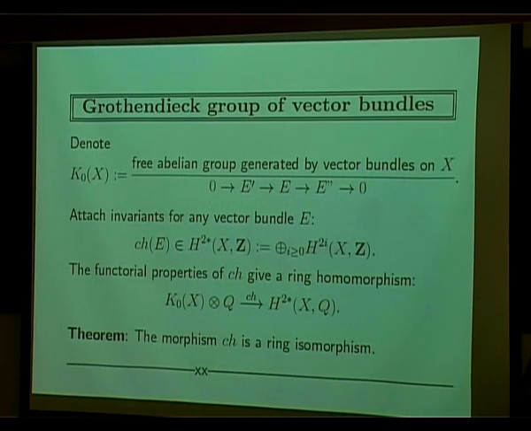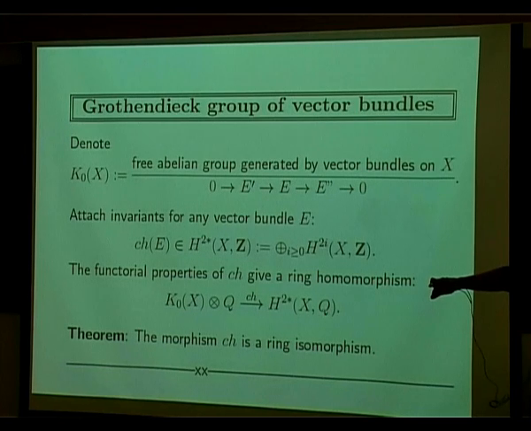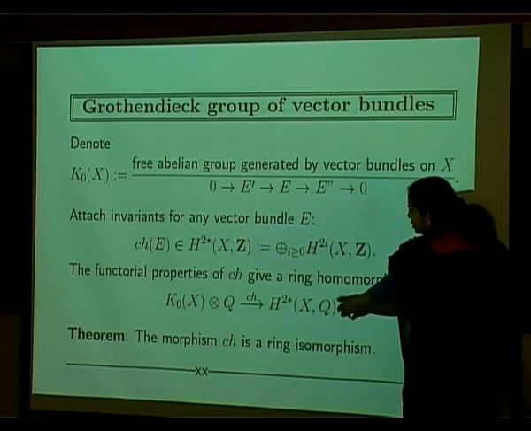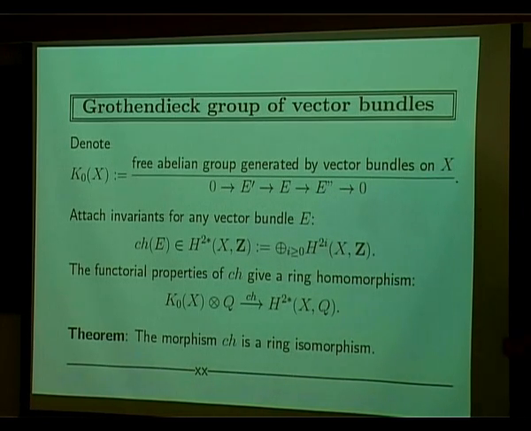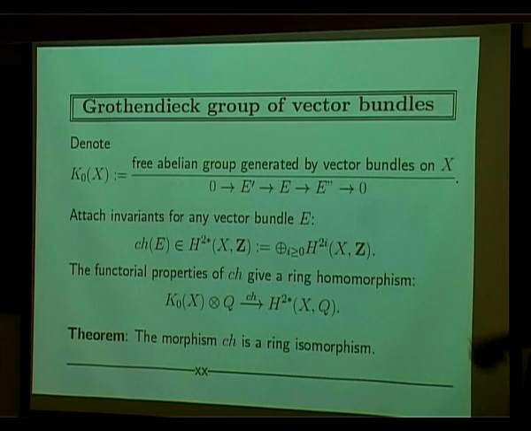It's a theorem that you have a map which is actually a ring homomorphism, because the disjoint union of all these cohomology groups also has a ring structure. So it basically says that this Chern character, which associates invariants to vector bundles and which corresponds to classes on your X, is an isomorphism.